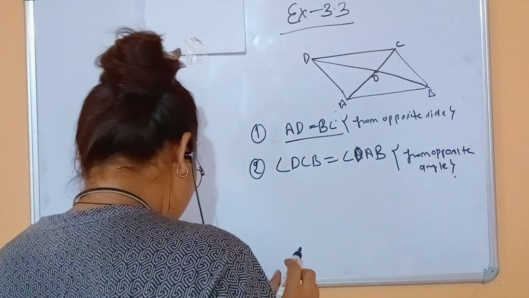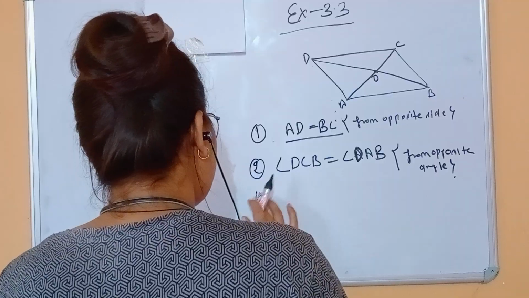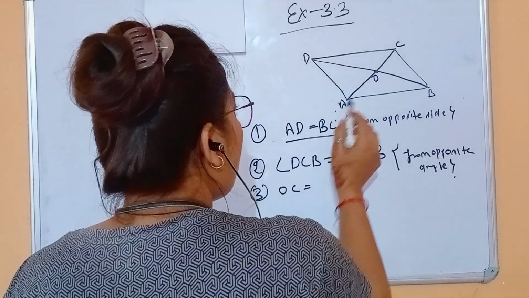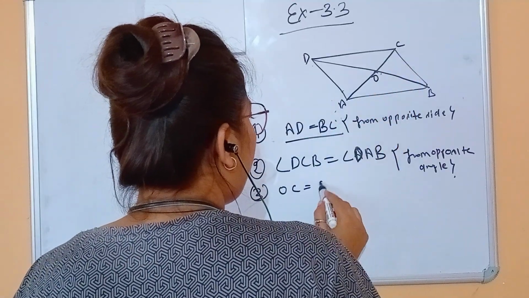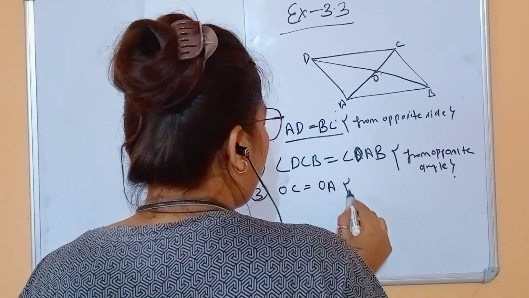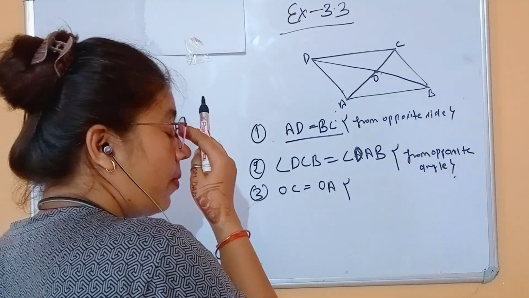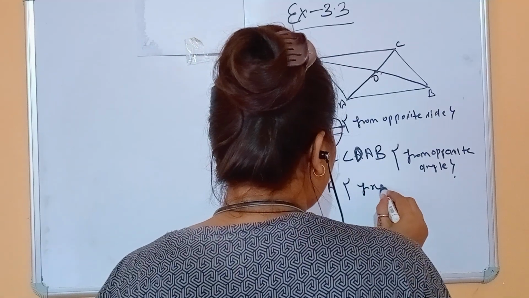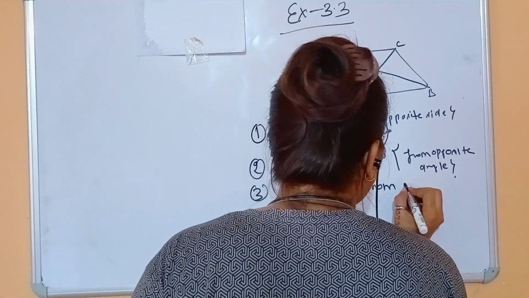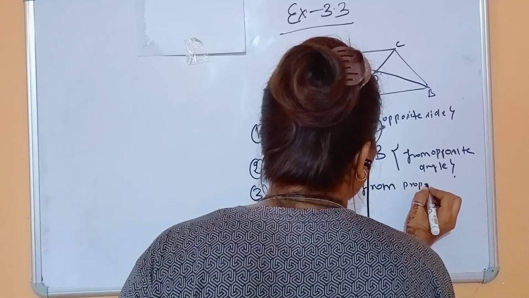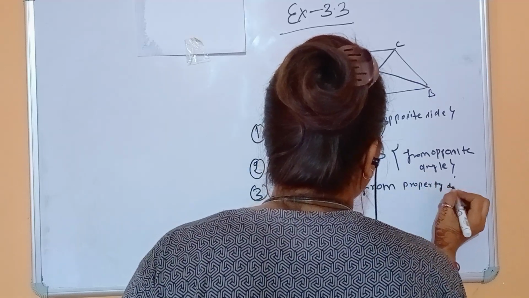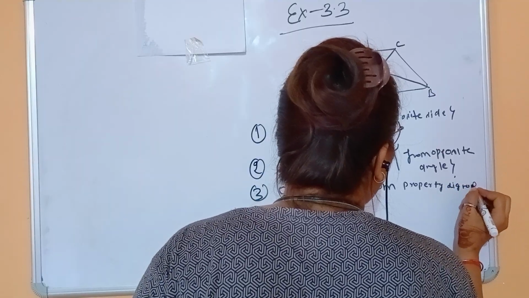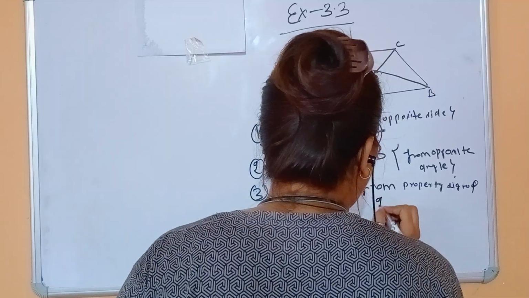Okay. So third says OC is equal to OA. How do we find this? From the property of diagonal of a parallelogram.